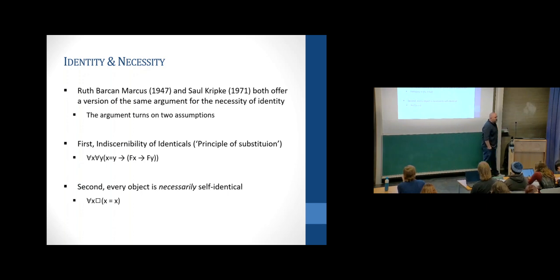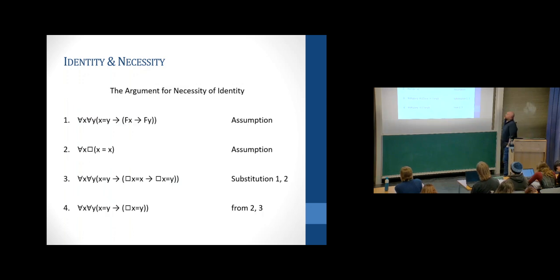So with these two principles, we can very quickly get an argument to the effect that an identity statement, if true, is necessary. Now, I'm going to show you the argument. We'll talk through it. I don't expect you to memorize it or anything, but at least just get the gist of it. So here's the argument. We have the initial assumption, which is just, again, the principle we had earlier. And the second assumption is our second principle, right?